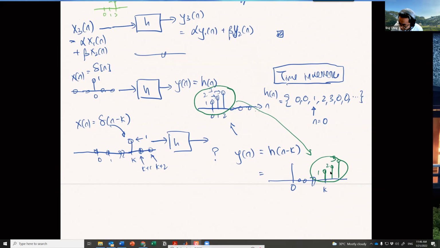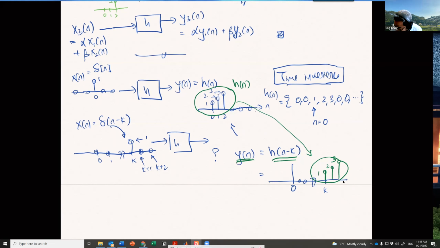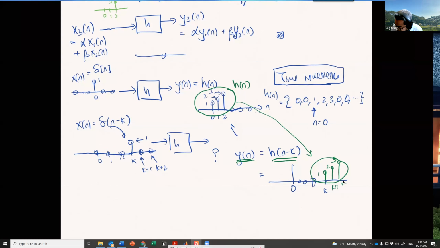This is y of n. And isn't y of n equal to h of n minus k? If this is h of n, the same thing: k plus 1 here, k plus 2 here. If you look at the green guy, it is nothing but a delayed version of these 3 lines.